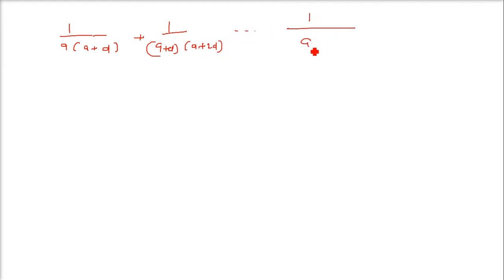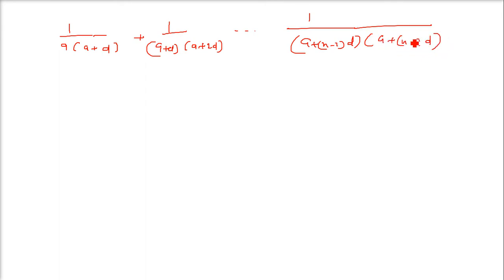Now there is one more thing, summation of some special series, that is 1 by a into a plus d, like this. Then we have plus 1 by a plus d into a plus 2d, like this. And this goes up to 1 by a plus n minus 2 into d, and a plus n minus 1 into d.